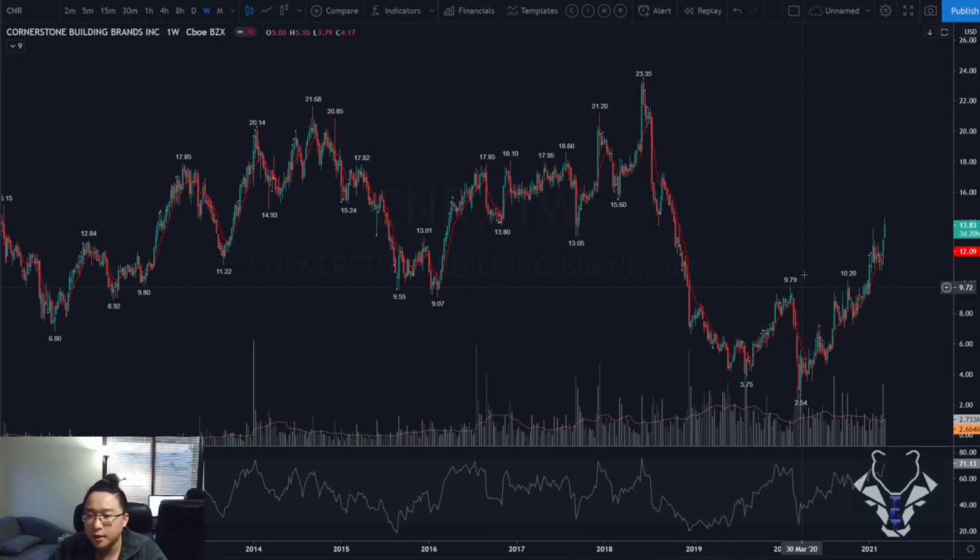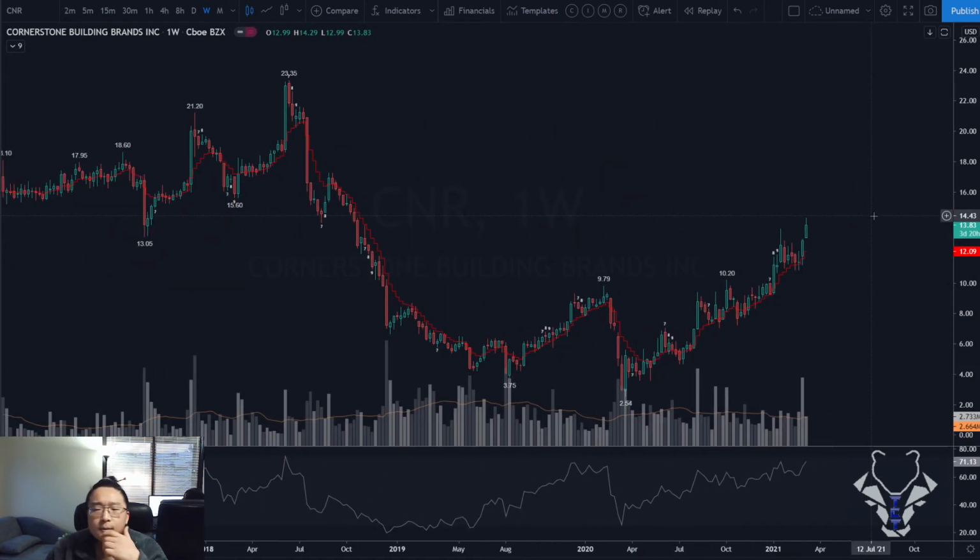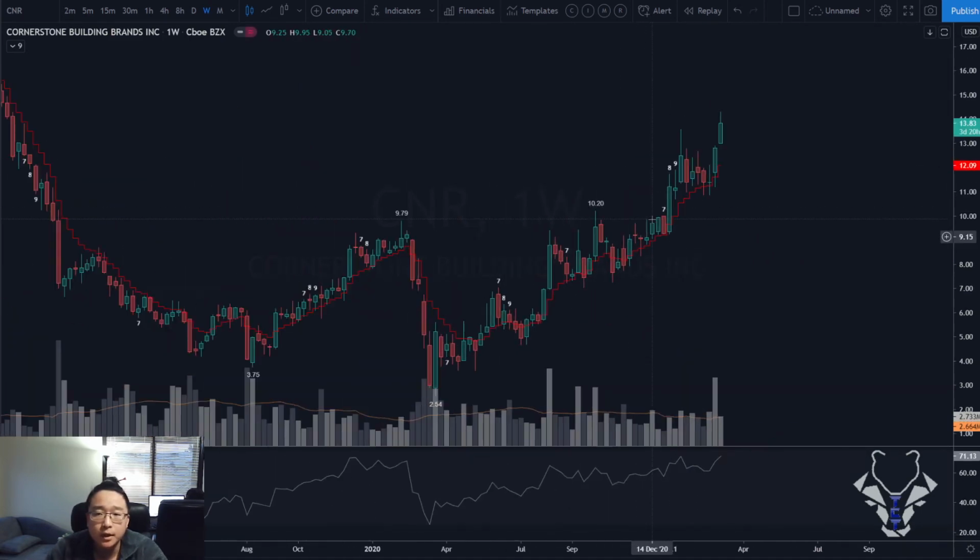Yeah, so it could be an Adam and Eve pattern or a W pattern. W, you want to see the middle higher though. So on this one, I am seeing a channel on the weekly.